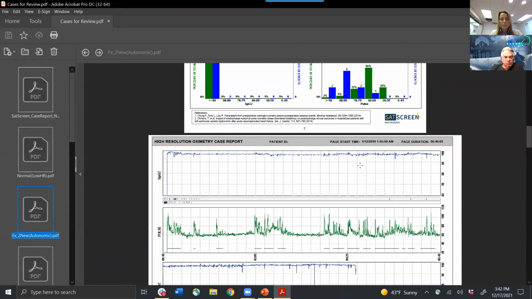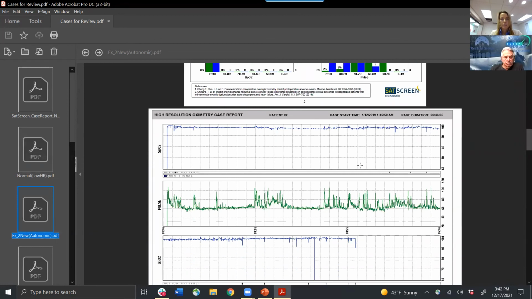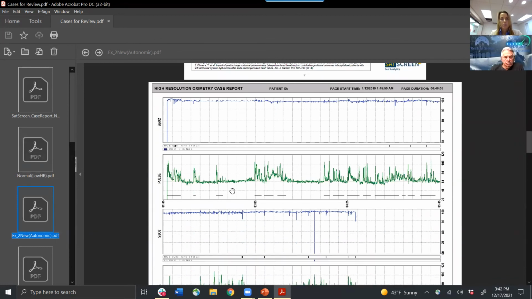But when we take a look at their raw data in this situation, we see, again, what we're looking for here is when we have some moments of activity in the SpO2 channel, we see a lot of exaggerated pulse rate activity here for this patient.